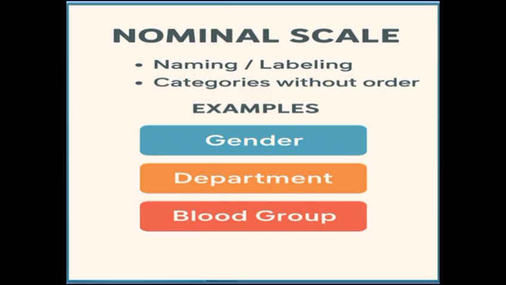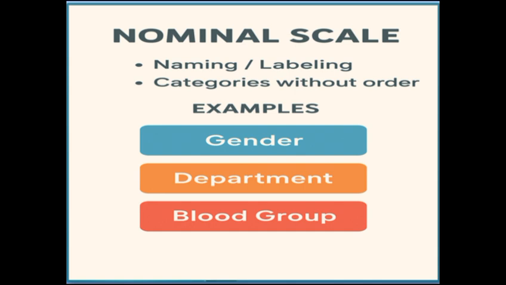Nominal scale. This is the simplest form of measurement, where data is classified into categories and numbers are only used as labels. For instance, if we assign 1 as male and 2 as female, these numbers don't indicate that female is greater than male. They are just labels.